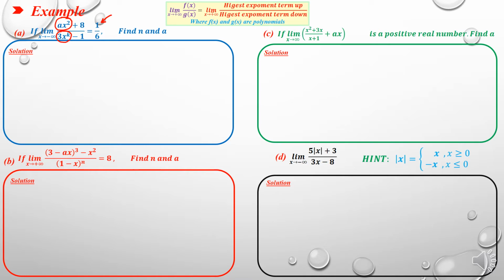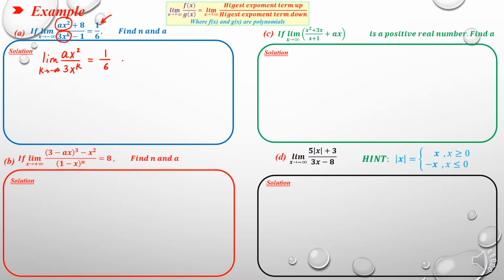So this limit will be the limit of ax squared divided by 3x to the k when x goes to negative infinity, and this is equal to 1 over 6.